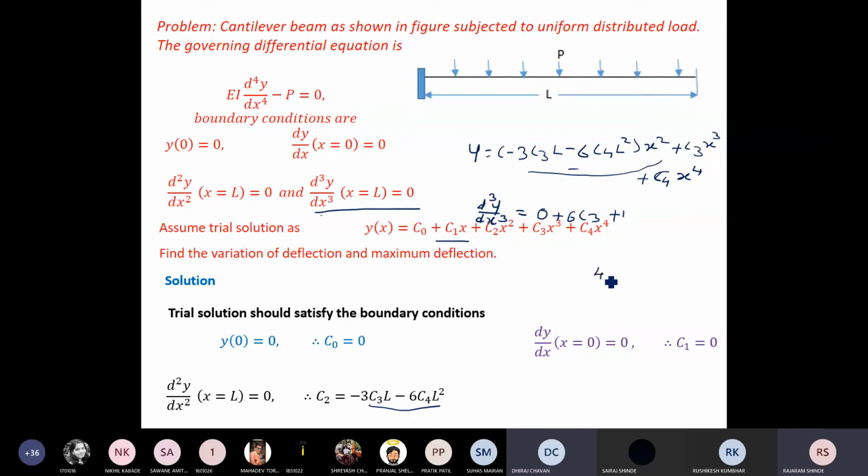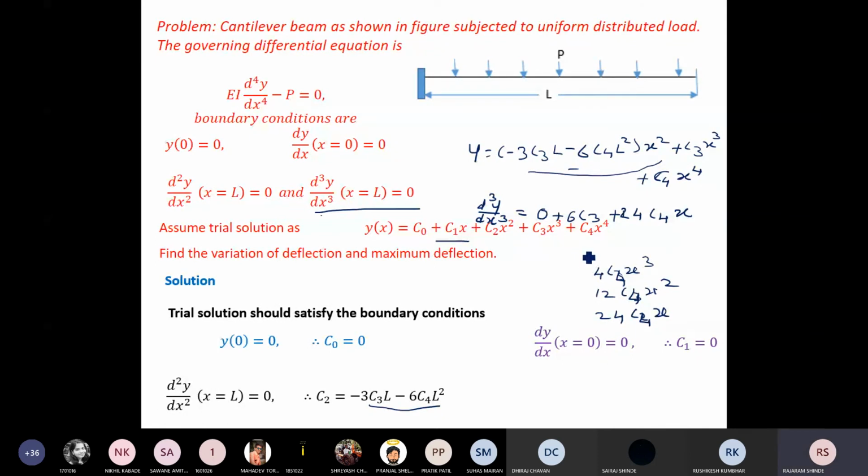First is 4c3x cube, second is 12c3x square, then 24c4x. Means here it is 24c4x. Am I right or am I correct?